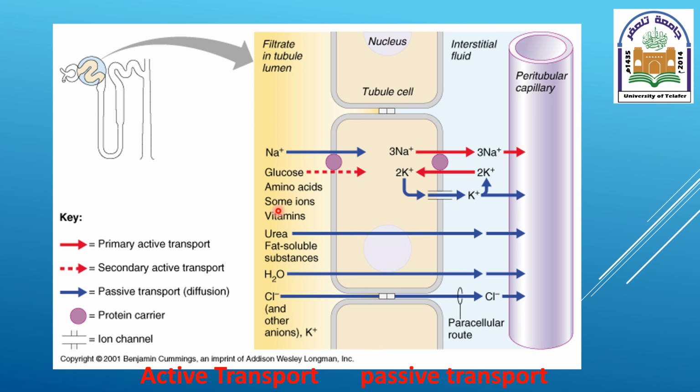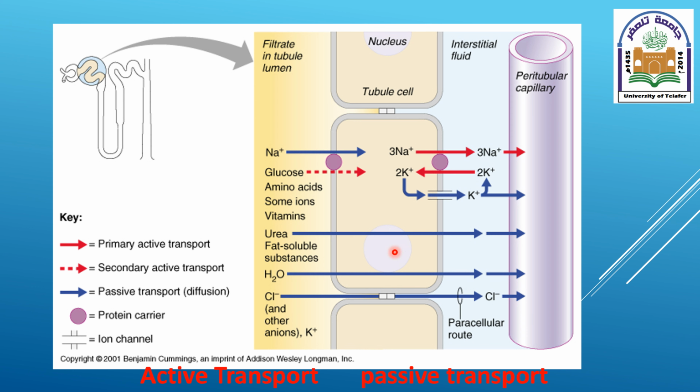They utilize ATP indirectly, therefore they are called secondary active transport. The other pattern of active transport is pinocytosis, when large particles are taken in by the cells, utilizing ATP as a source of energy. Passive transport, which is marked by blue arrows, includes movement of substances either across the cell, transcellular, or in between the cells, paracellular, without using energy.